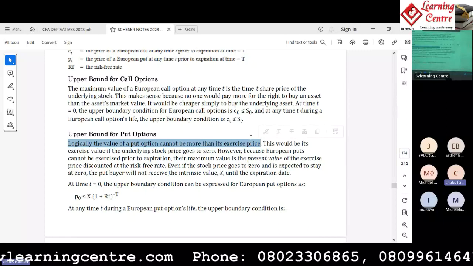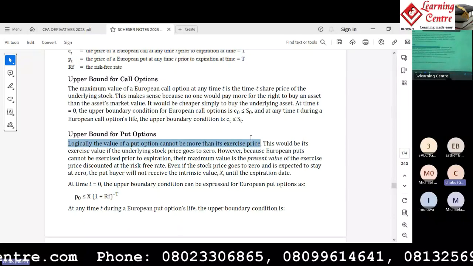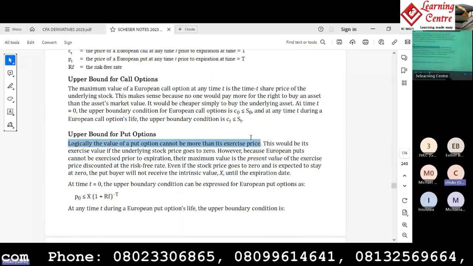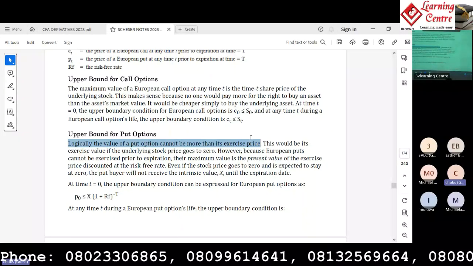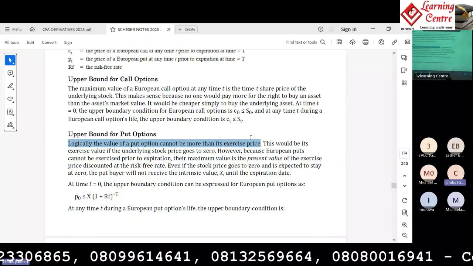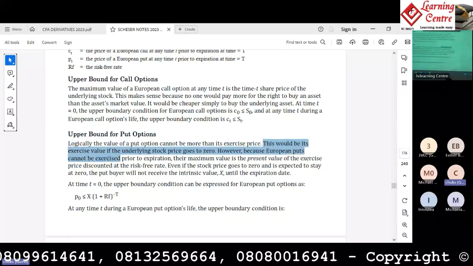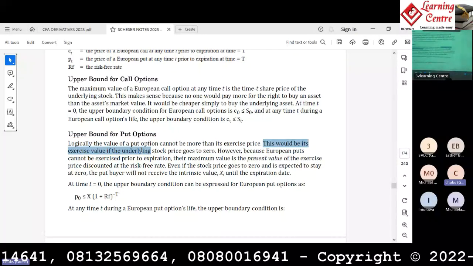Remember, I spoke about this: the seller cannot lose more than the exercise price, based on the example I gave between 40 and 0. This will be the exercise value if the underlying stock price goes to 0.